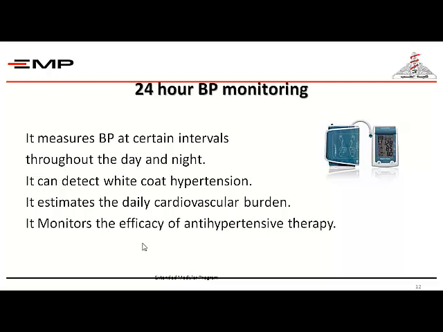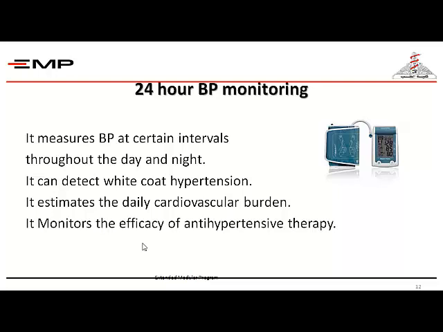Also, it estimates the daily cardiovascular burden. Normally, when you sleep, the heart rate and the blood pressure should drop. If this doesn't occur, the burden on the cardiovascular system is increased throughout the 24 hours, and it carries risks on the heart as a muscle and on the blood vessels as capacitance vessels.